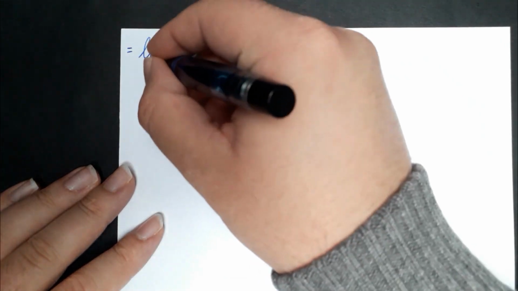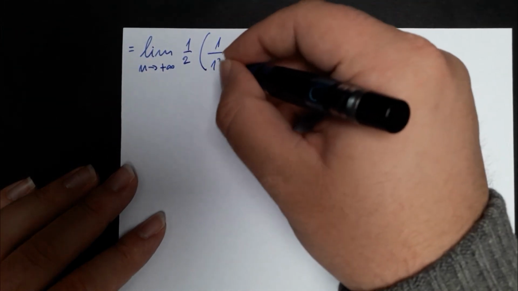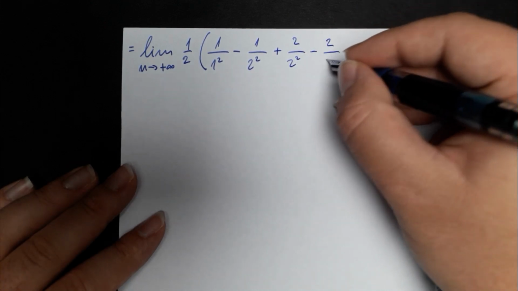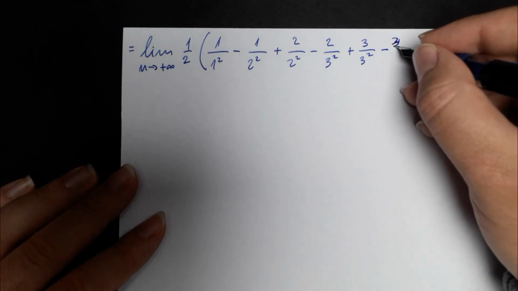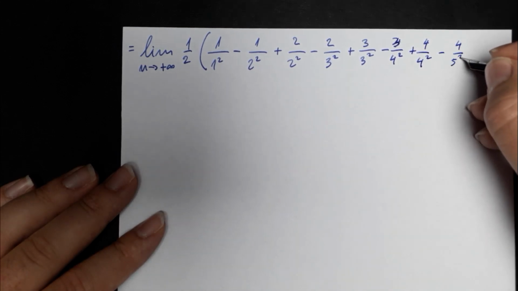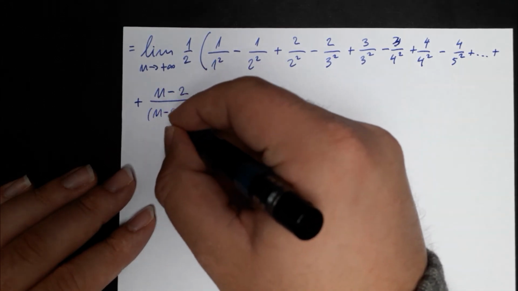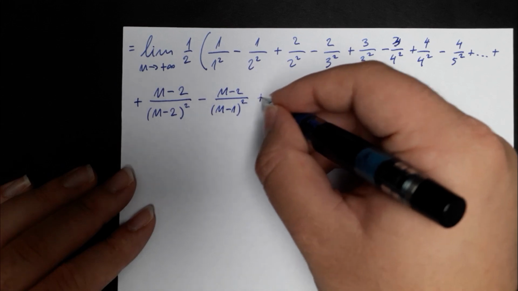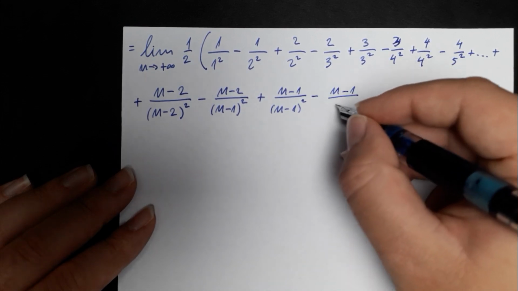This is now going to be equal to a limit when m approaches infinity from the positive side, 1/2 of 1 divided by 1 squared minus 1 divided by 2 squared plus 2 divided by 2 squared minus 2 divided by 3 squared plus 3 divided by 3 squared minus 3 divided by 4 squared plus 4 divided by 4 squared minus 4 divided by 5 squared plus and so on, plus m minus 2 divided by m minus 2 squared minus m minus 2 divided by m minus 1 squared plus m minus 1 divided by m minus 1 squared minus m minus 1 divided by m squared.